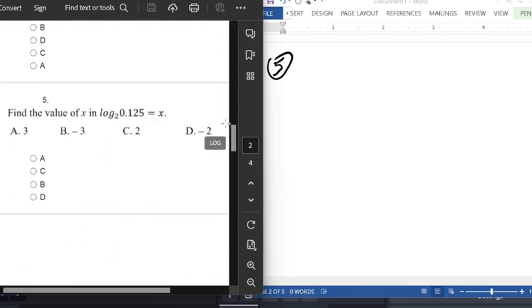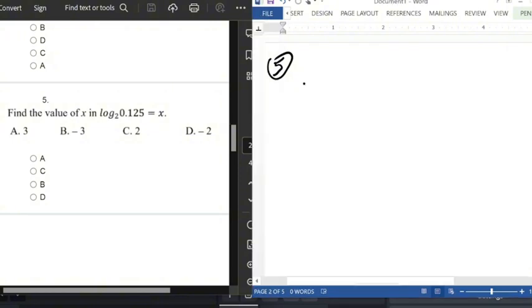For question number 5, find the value of x in this log. We have log 0.125 base 2 equals x.